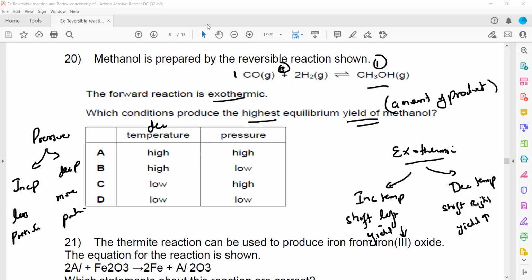So we should increase the pressure, and equilibrium will shift towards the right hand side. So pressure should be high and temperature should be low. That's why C is the right answer.